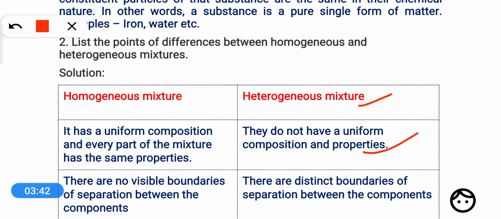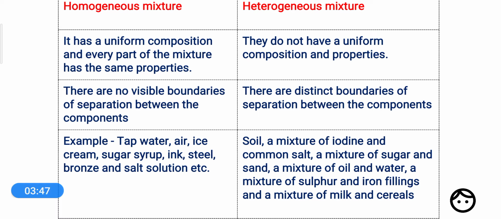So heterogeneous mixtures do not have a uniform composition, and because of this their properties are also not uniform. Now, in a homogeneous mixture there are no visible boundaries of separation between the components. This means you cannot see clearly where is one component and where is another. For example, when you mix salt in water, you cannot tell by looking at the mixture where is salt and where is water.